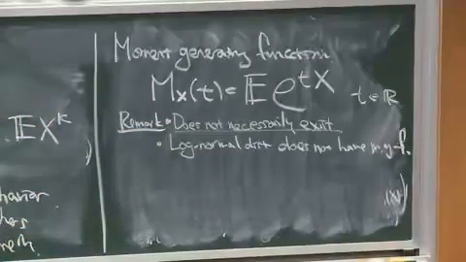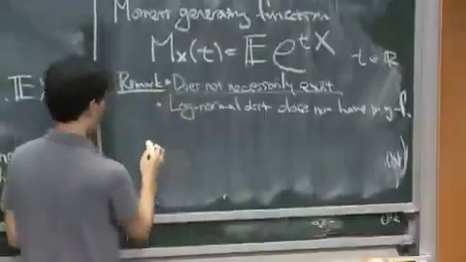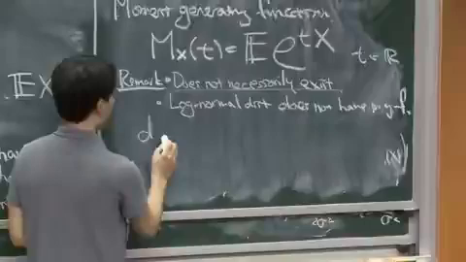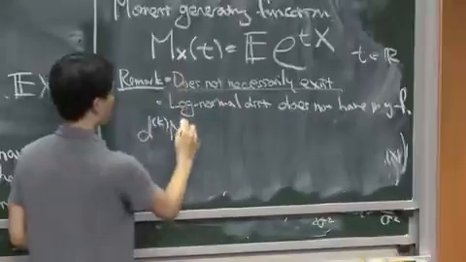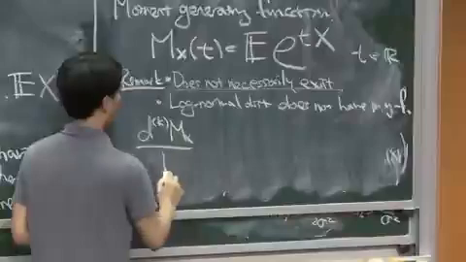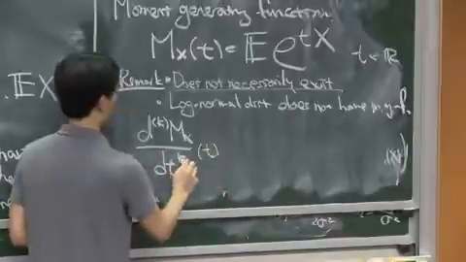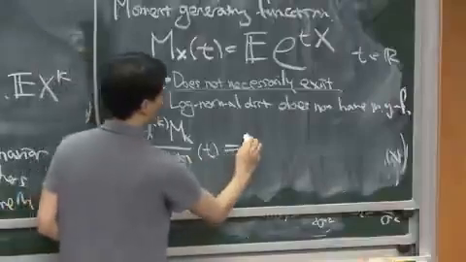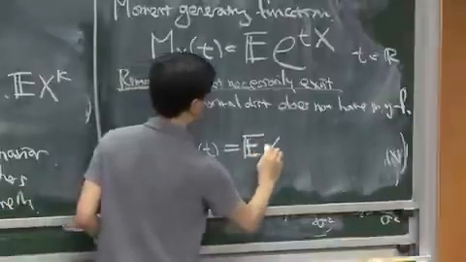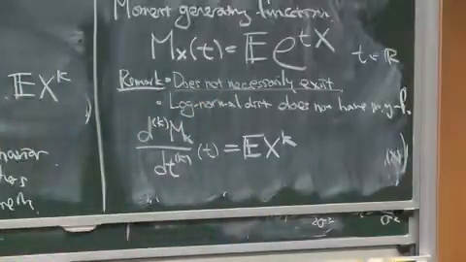Before going into that, first of all, why is it called the moment generating function? It's because if you take the k-th derivative of this function, then it actually gives the k-th moment of your random variable, for all integers k.